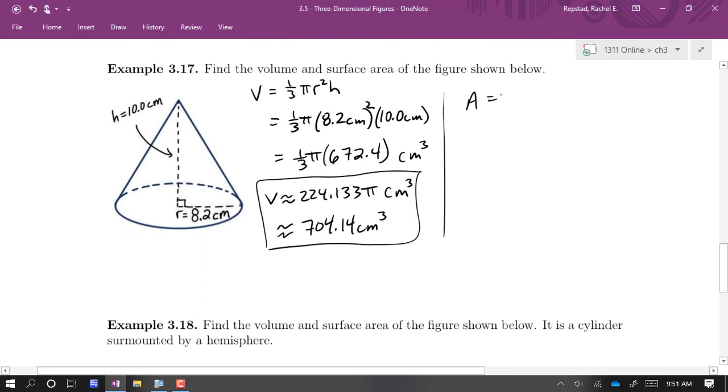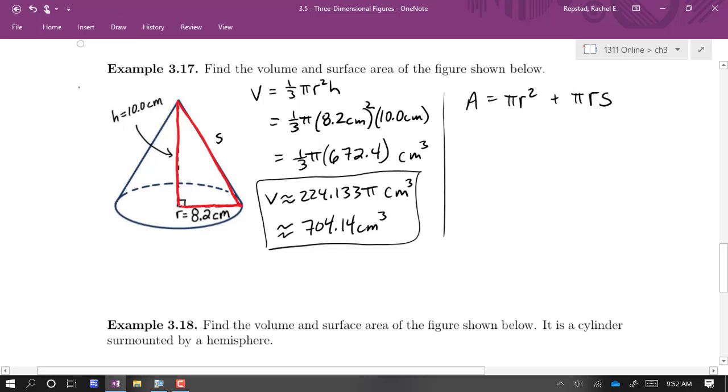So I'm going to write down this formula, pi r squared plus pi rs, and then we'll work on finding s. So here's s. Again, I'm just going to highlight this right triangle that we have.